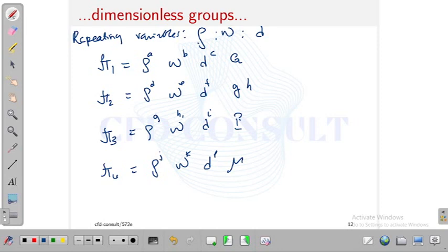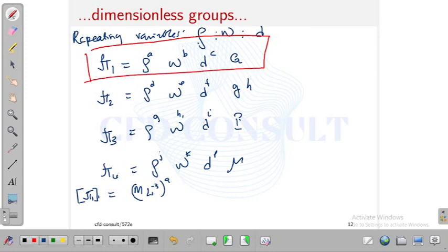So for us to be able to carry out an analysis, we'll say that the dimensions of the pi term will be equivalent. On the left hand side, we'll have the dimensions of rho, which is M L to the minus 3, power a. We are looking at this first pi term here.